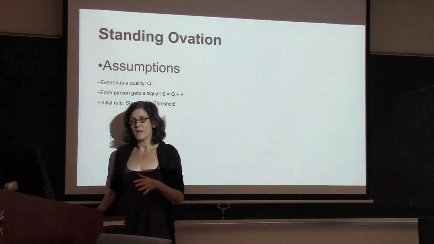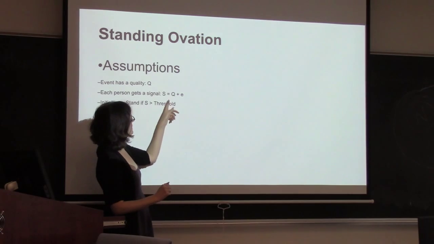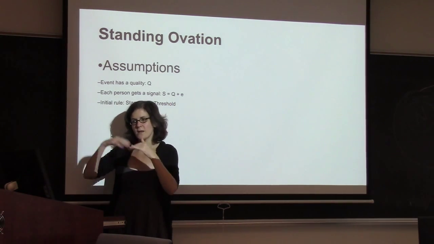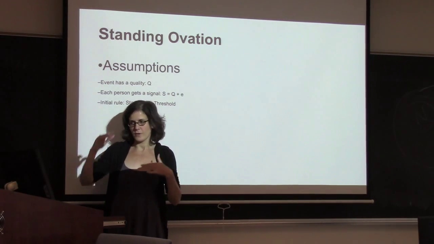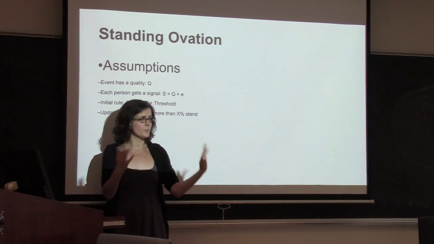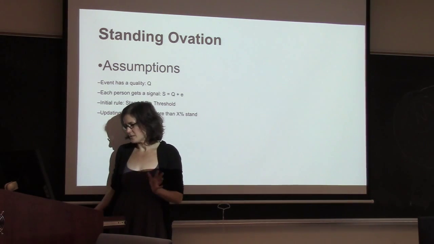Everybody stands if the signal that they get is above a certain threshold. So each person will stand if their signal is above a threshold. But they'll also stand if a certain percentage of the audience stands. Let me boil this down very simply.